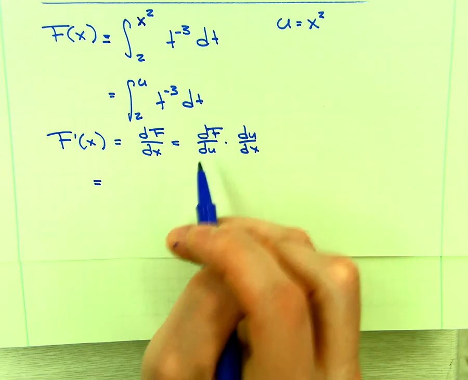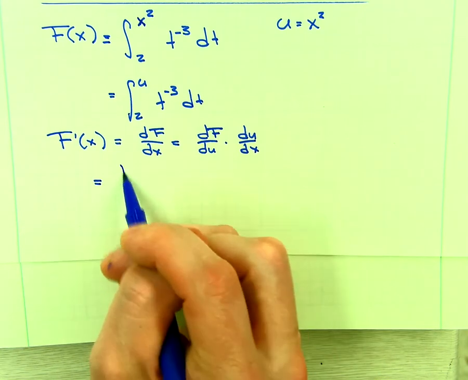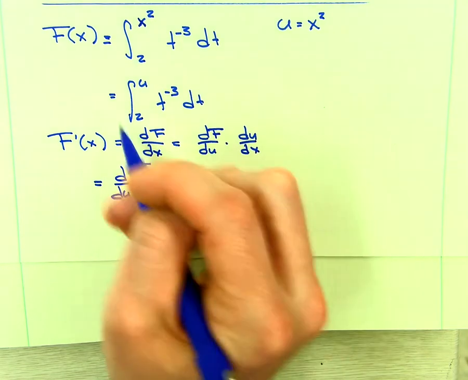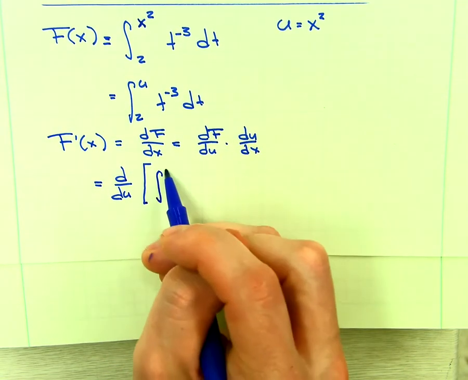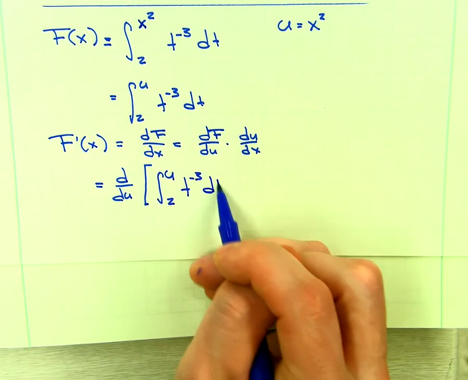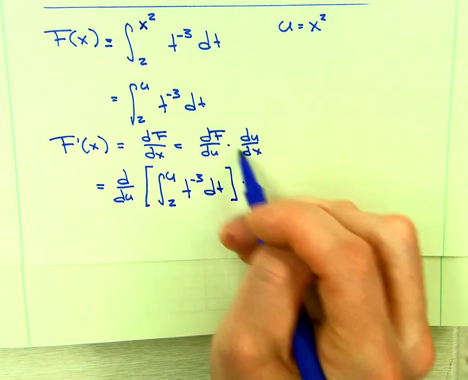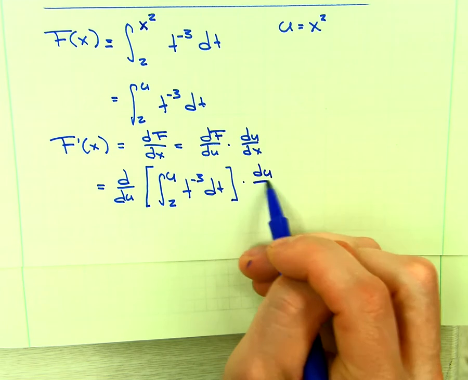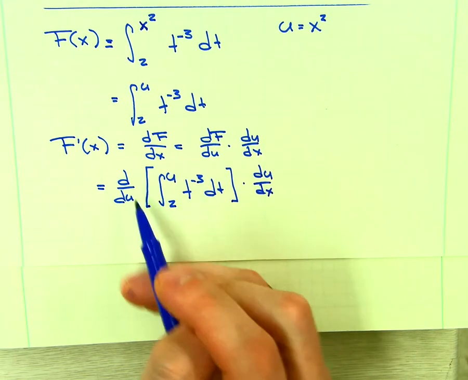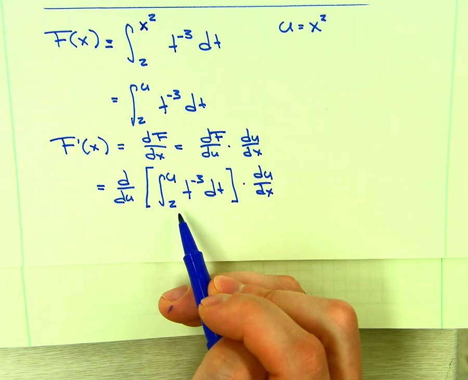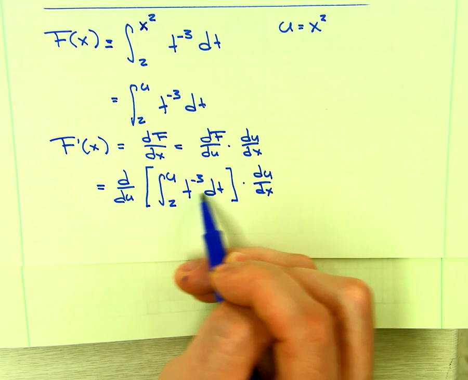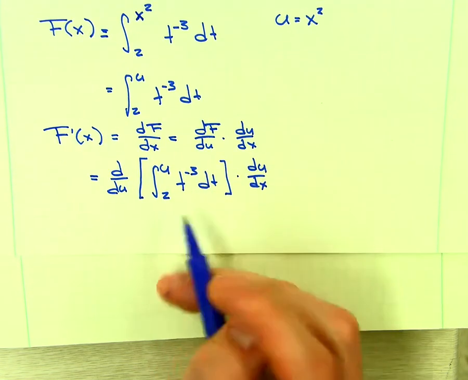I'm going to replace df du with d du of this integral from 2 to u of t to the minus 3 dt. And I still have this du dx out over here. This is exactly what my fundamental theorem is saying. So all I need to do at this point is take this u, plug it in there, and I'm good to go, at least with this part.